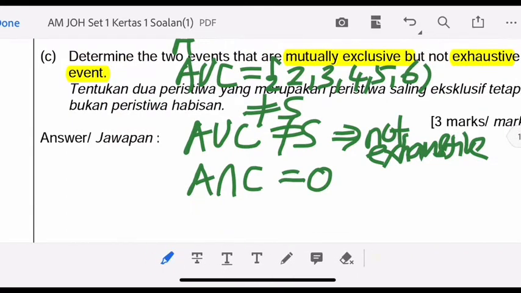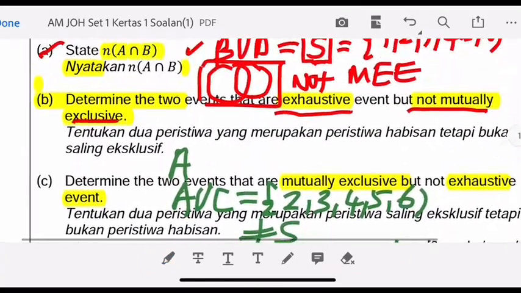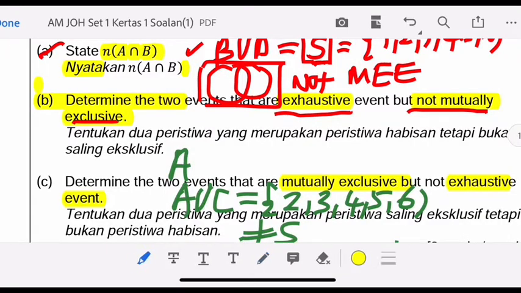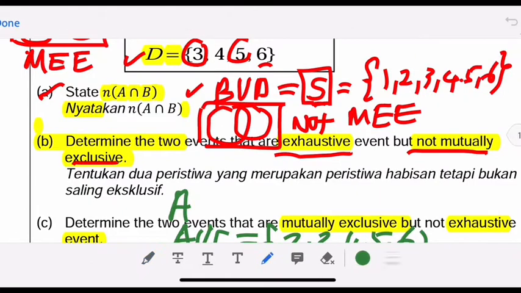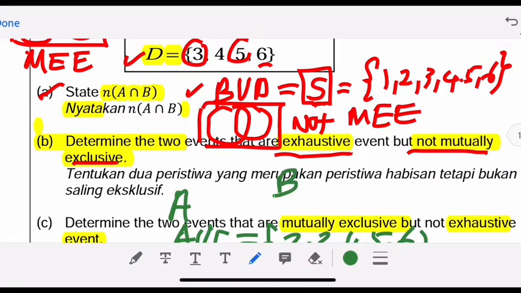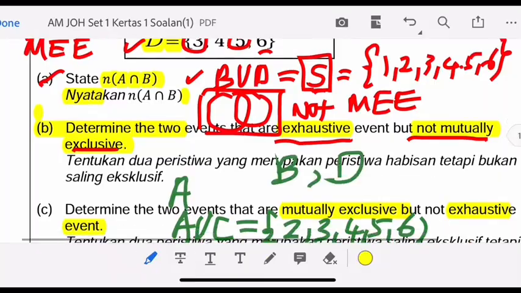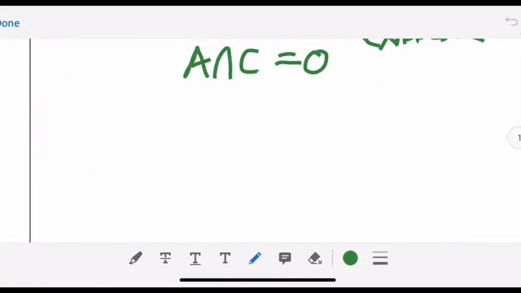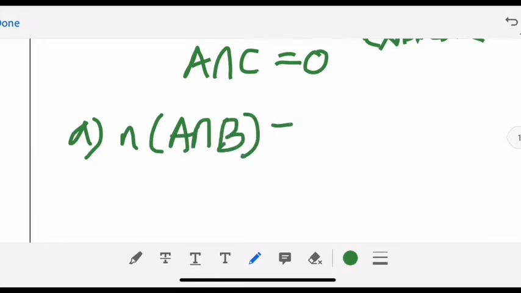So for this question, the answer for B is B and D, as I explained just now. For C, the answer is A and C. So we can write down the answer: for A, the number of elements of A intersect B is equal to 0.